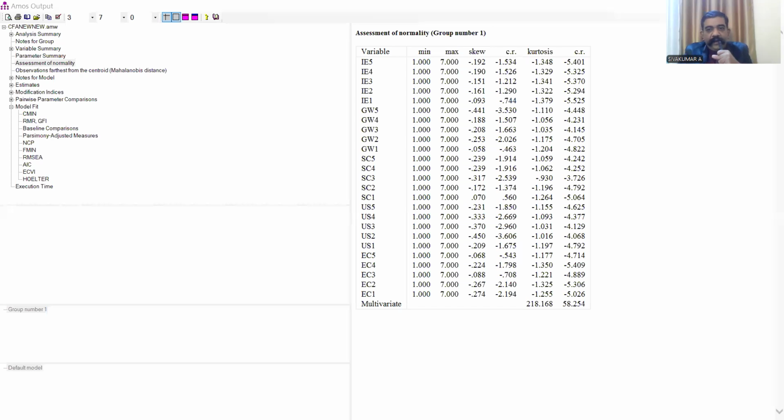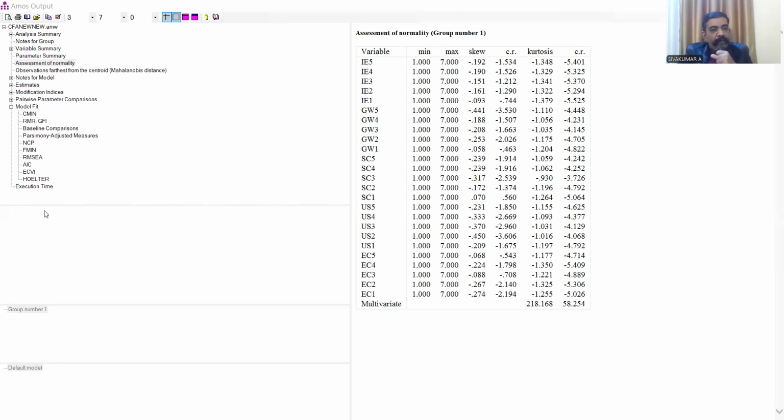Now I may share my Amos CFA output screen with you. Okay, this is the output screen, the CFA Amos output screen. We have already identified 5 constructs, 5 factors.